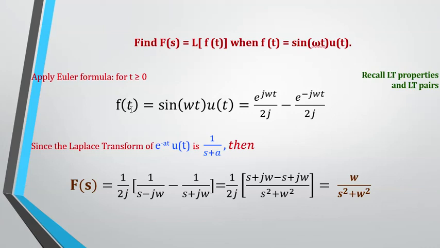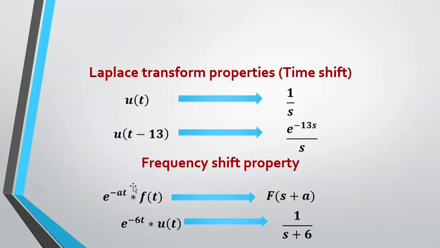So if my function is sine of omega t u(t), it means f of t will be these two times u(t). So e to the power of j omega t times u(t), isn't it reminding you of what I just told you right here? e to the power of something t, f of t will become f of s plus a.